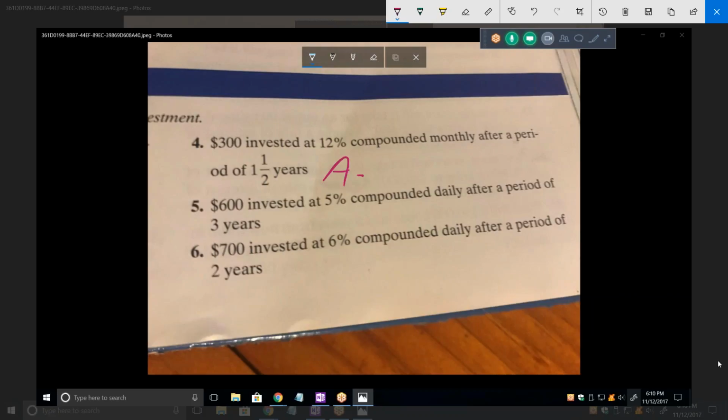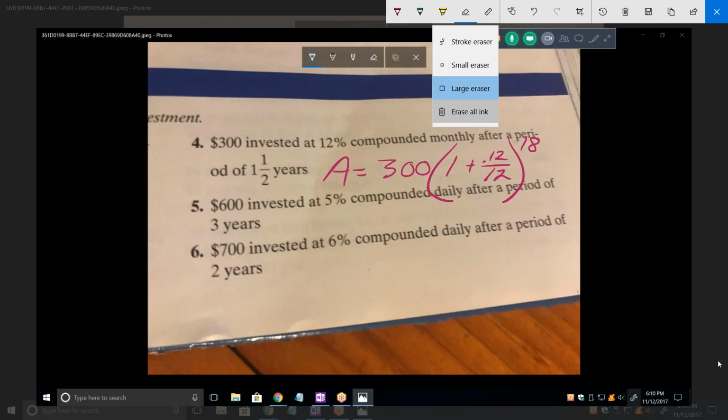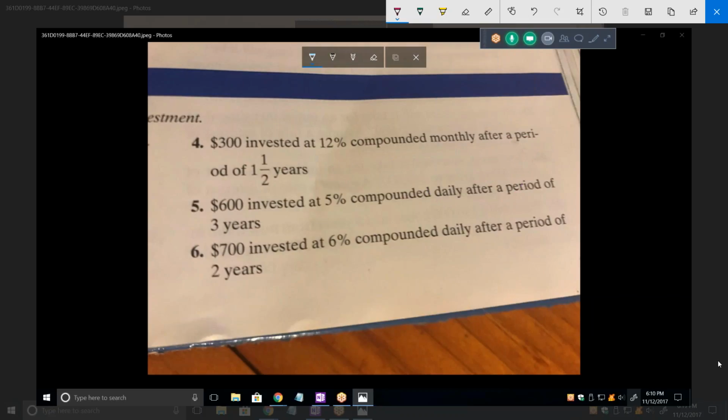So A equals what? 300, and then parentheses 1 plus 0.12 over 12, to the power of how many years? 1.5 times 12. Maybe they're not going to give us a hard one. Well, 5's getting a little different at least. What's 5 going to be? 600 in parentheses, 1 plus 0.05 over 365, to the power of 365 times 3.